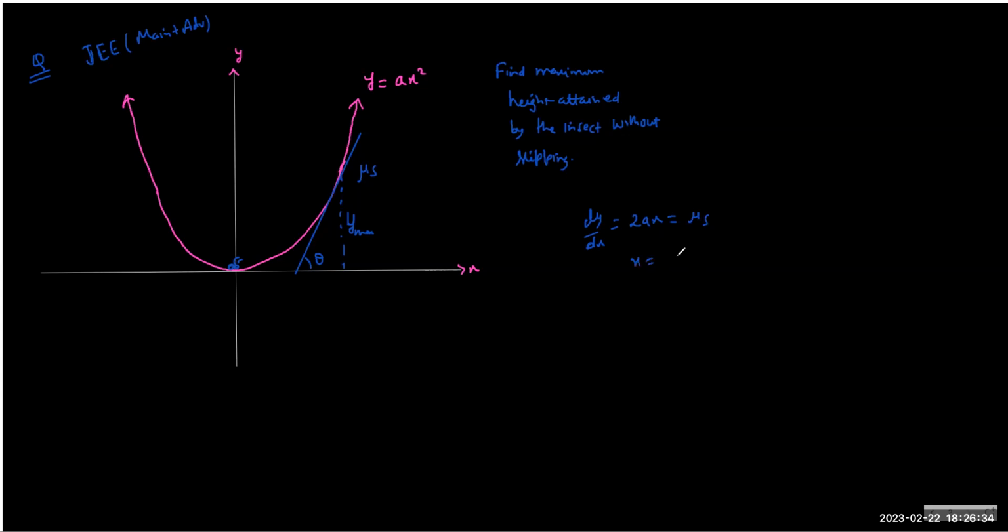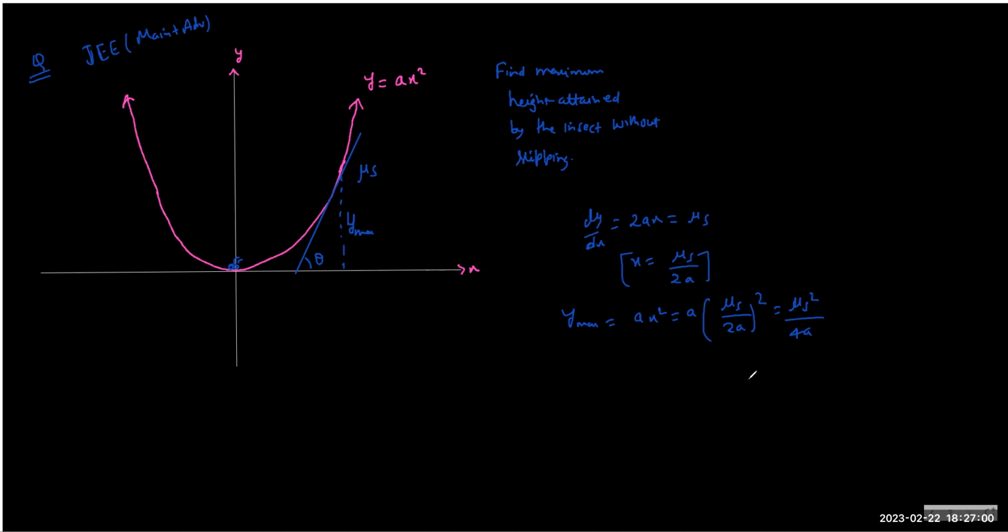So x is mu s by 2a. This is the maximum horizontal distance you can go. So what is the maximum height you can go? You can see the answer is mu square by 4a. So the maximum height that the insect can climb is mu square upon 4a.